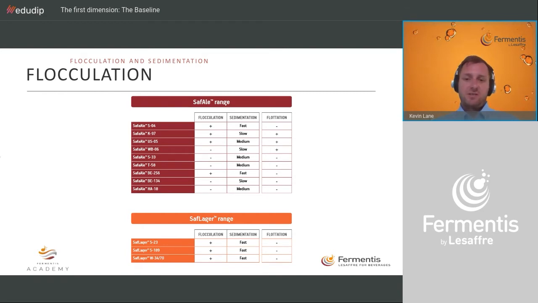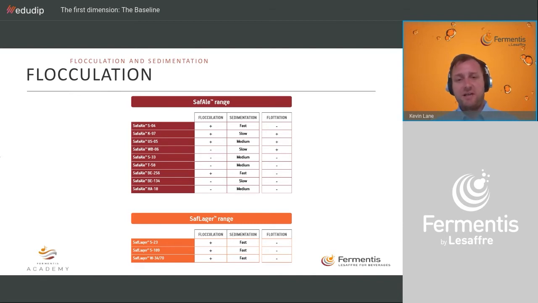And then you have the sedimentation characteristics, where even if there's good flocculation, for example, K97, good flocculator, but very slow at sedimenting, also has that flotation characteristic where it's going to break the dissolved CO2 out of solution, float to the top, and get trapped in the foam. Sometimes the yeast follow the rules, like SO4 is good for flocculating, fast at sedimenting, and does not do the flotation deal. But there are some intricacies that aren't necessarily following all the rules.